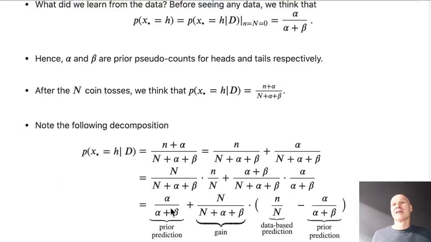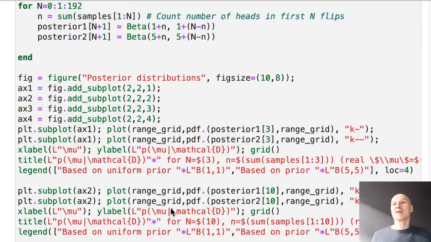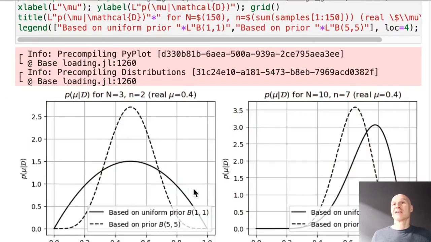And that's it. We can code that up. There's a piece of code here in the lecture notes. Here we chose two different priors. One is a beta distribution with alpha equals 5 and beta equals 5. The other is the uniform prior, alpha equals 1 and beta equals 1.